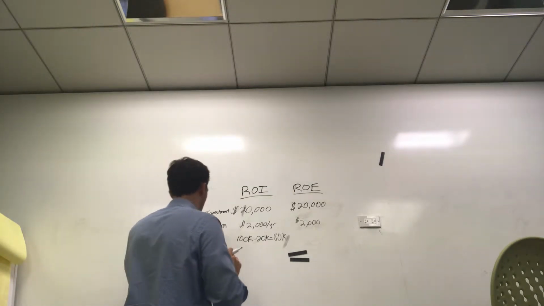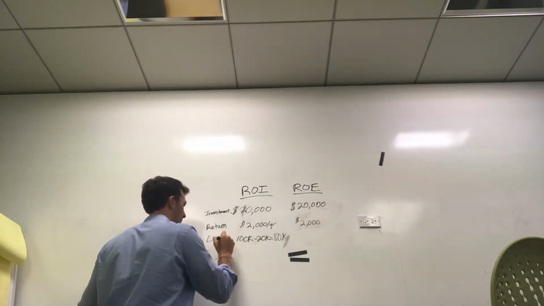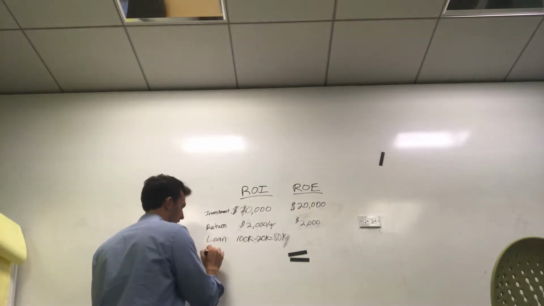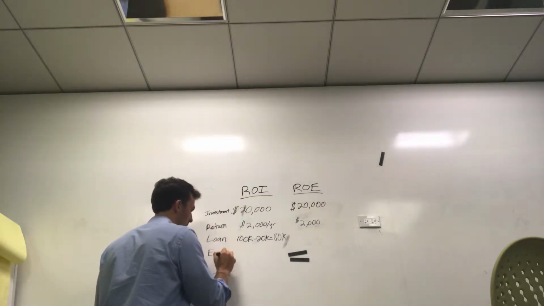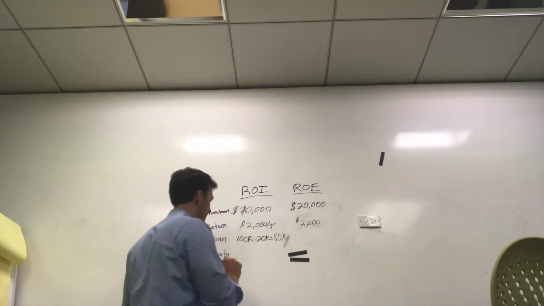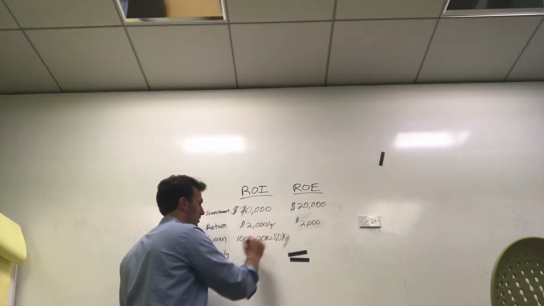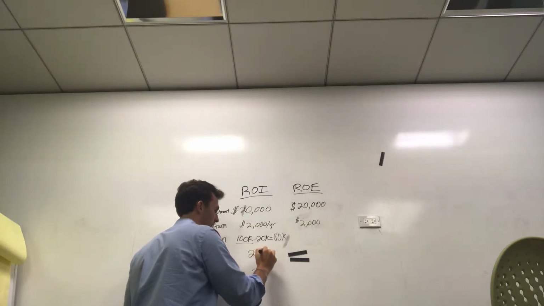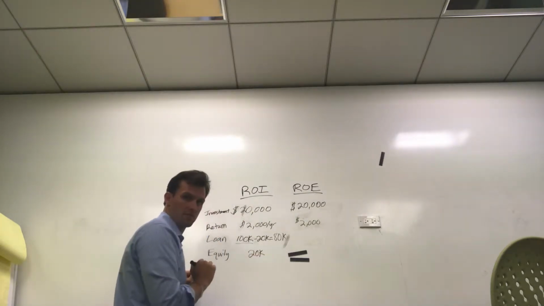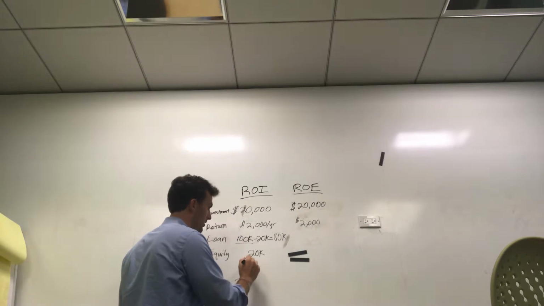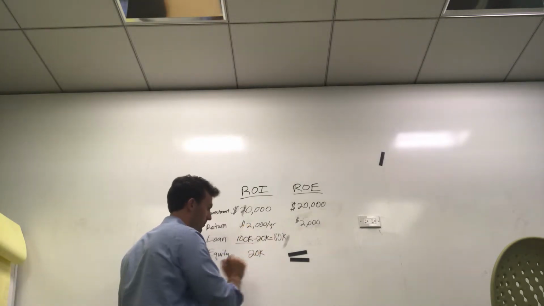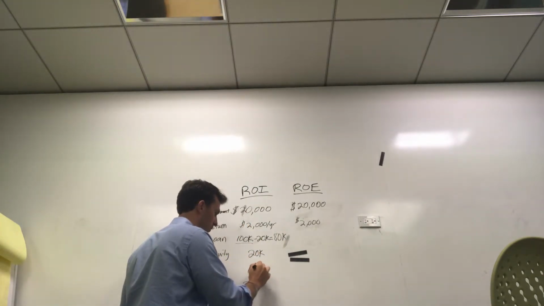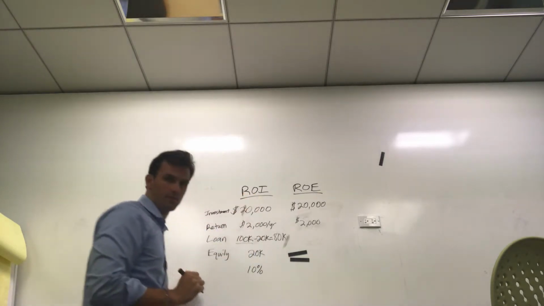So this is the loan. I got an $80,000 loan and a $100,000 property, so I have 20,000 in equity. That makes sense? Now, 2,000 a year divided by 20,000 is 10% return on investment.